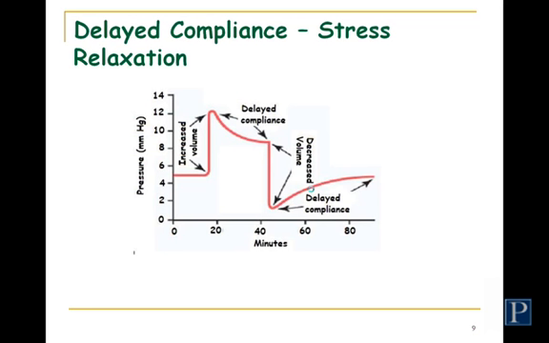Now, another topic that is extremely important to understand when it comes down to blood vessels is something called delayed compliance. What we're about to see on this picture is something that is inherent to vascular smooth muscle. They inject a certain amount of blood into a blood vessel.